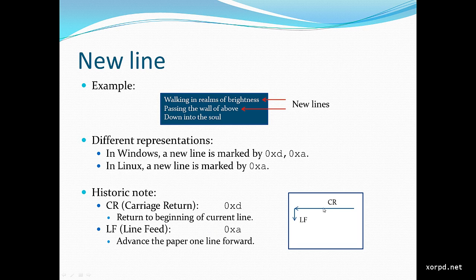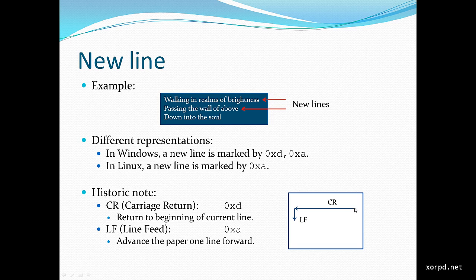So basically, if this is the pointer of a printer, and we are at the end of the line on a page, imagine for example that this is a page, and the printer wants to print it. It follows the directions that it has. So, assume for example that it sees this sequence, D and then A. It is going to first take the carriage, which is at the end of the line, to the beginning of the line, and then it is going to advance the paper one line forward because of the line feed.